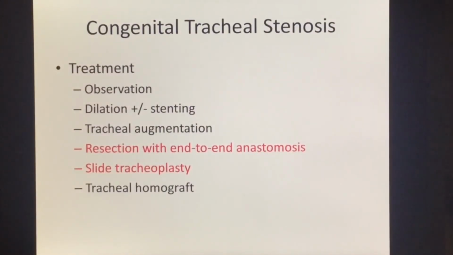In congenital tracheal stenosis, there are a couple different options. Observation is always an option, dilation or stenting. As we touched on earlier, this would be conservative management. Resection with end-to-end anastomosis or slide tracheoplasty is what we'll be talking about here.